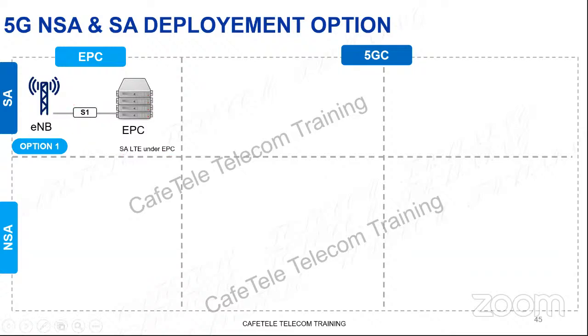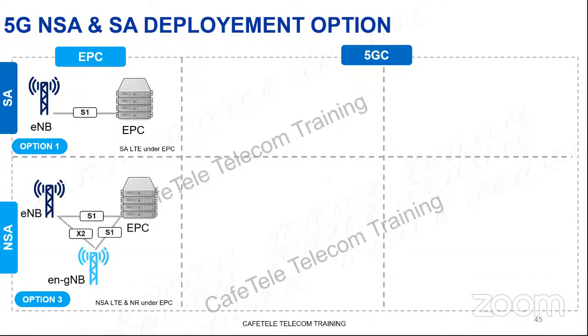The second one we have, option 3. Okay, option 3. Remember this option. Option 3 means what? eNode B we have, and we have en-gNode B. So this we call a non-standalone base station.